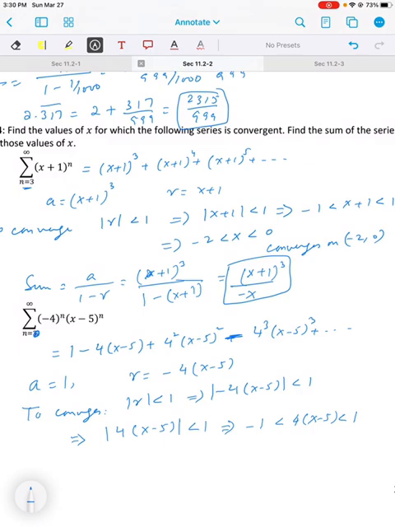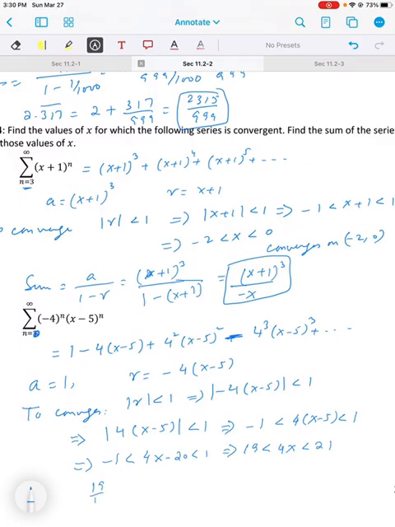Now you can do it in two ways. You can either first divide by 4 and then add 5, or we can distribute this 4. This will be easier. So 4x minus 20 is between negative 1 and 1. Now I add 20 to the 3 pieces, so we end up getting 19 is less than 4x is less than 21.